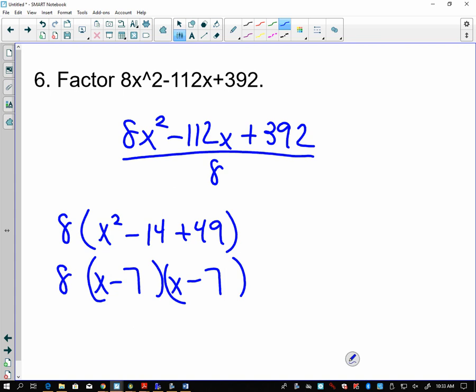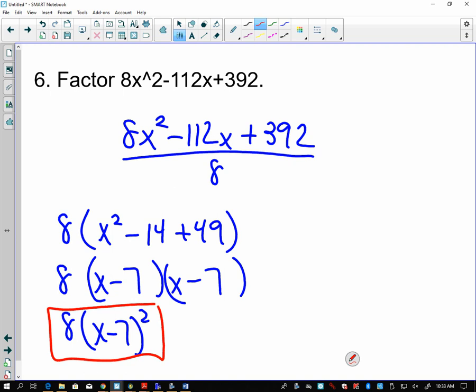So I have 8 times x minus 7 times x minus 7. Now can I simplify x minus 7 times x minus 7? Do I need to write both of those x minus 7s? No, what can I do? X minus 7 squared, and this should be my answer. That's this factored. We're good there?